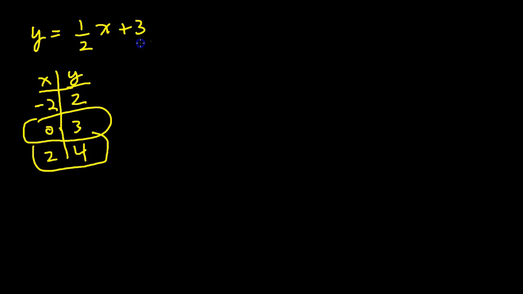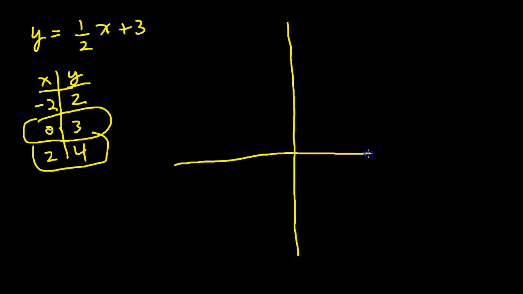All right, let me draw a set of axes here. If x is minus 2, y is 2. So let me draw those coordinates. Minus 2, positive 2 puts me about here, and I'll go ahead and label that coordinate.